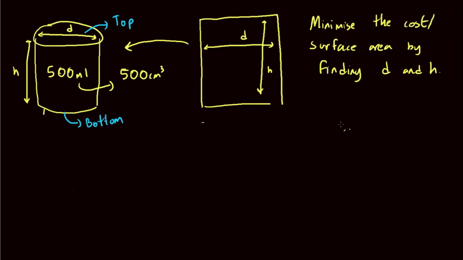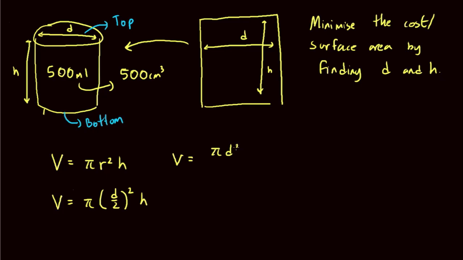One thing we know is that the surface area is related to the cost, and we know about the volume. The volume is pi r square h, for the volume of any cylinder. We can also write it as volume equals pi d over 2, the diameter over 2 for the radius, squared, times h, which is pi d square over 4 h.